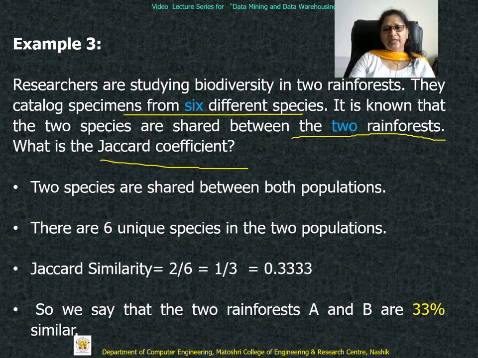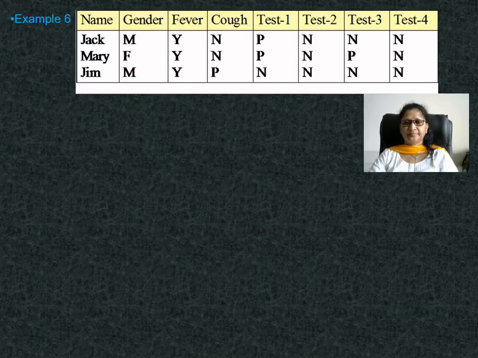So here we don't have to count the cardinality of the intersection and union of the two sets. Rather, we are given them. So when we substitute, we get 2 by 6, which is nothing but 1 by 3, and we say that the two rainforests are 33% similar to each other with respect to the different species.